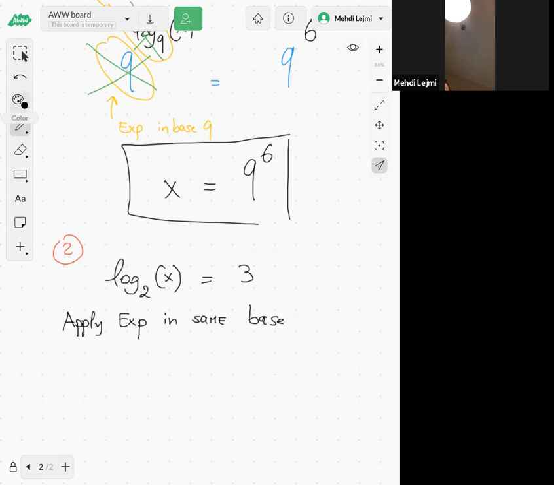So the base here is 2, right? This is log in base 2. So the base is 2. So I'm going to put 2 on both sides. This is exponential, so it's like b to some power, right? So b is 2. On the left I have b to the power log in base 2 of x, and on the right it's b to the power 3.